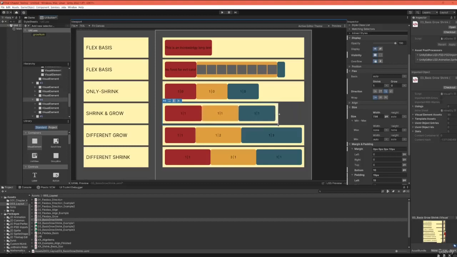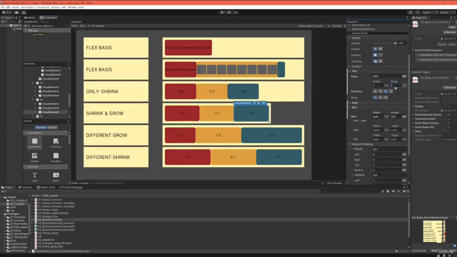No, we are not actually shrinking. Those elements have the same base as those elements above. So what is actually happening here is that they were still growing, because if you would turn off their grow, they are just exactly as the elements above.